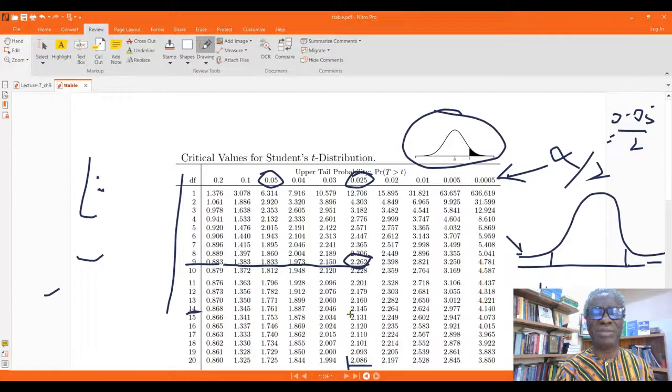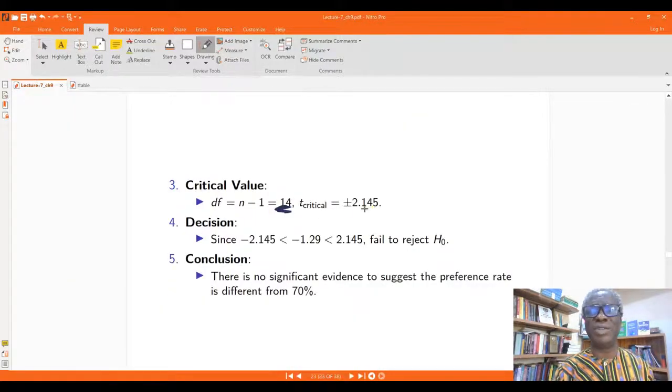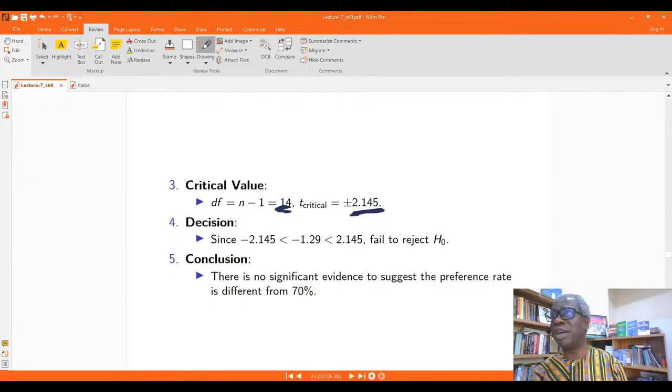Remember, we have to divide alpha by 2. So this is the corresponding value, 2.145. So that's how we obtain this, for both the lower tail and the upper tail.